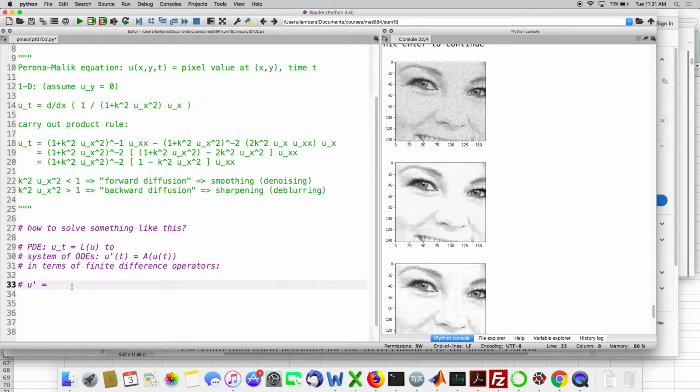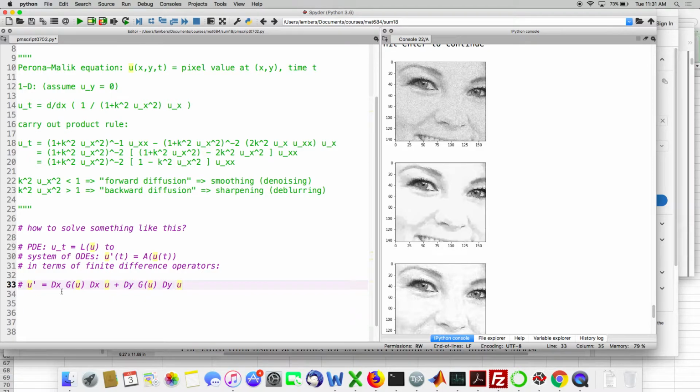So we have the partial derivative with respect to x applied to g(u) times the partial derivative with respect to x again times u, plus the partial derivative with respect to y, same coefficient g(u), partial differentiation with respect to y again, times u.